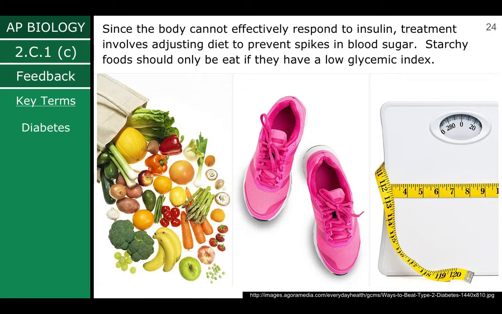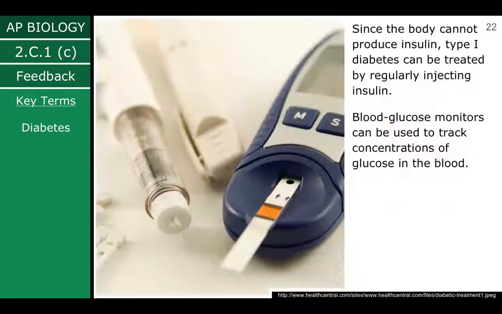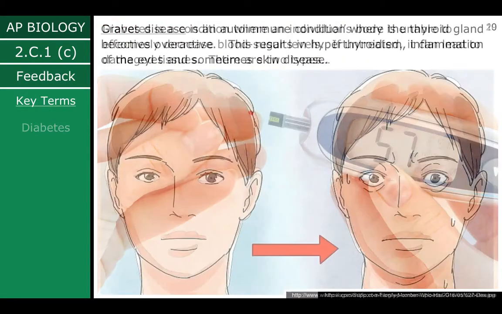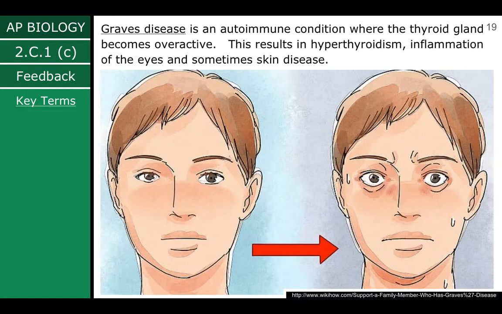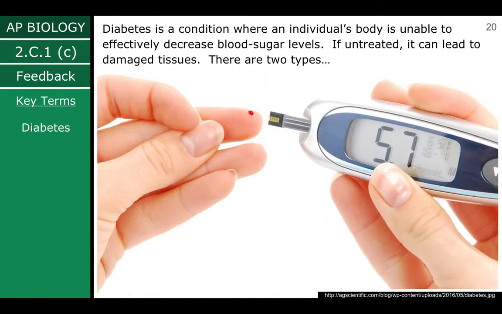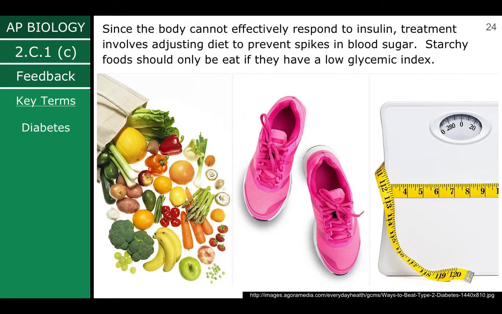Starchy foods should only be eaten if they have a low glycemic index. So once again, these last things that I just covered, diabetes, Graves' disease, and antidiuretic hormone, are all examples of what happens when a feedback mechanism is not functioning properly in the human, and what happens because of that.